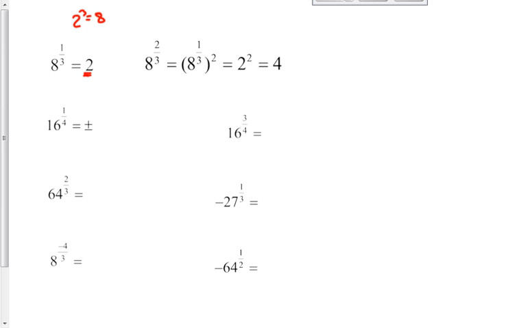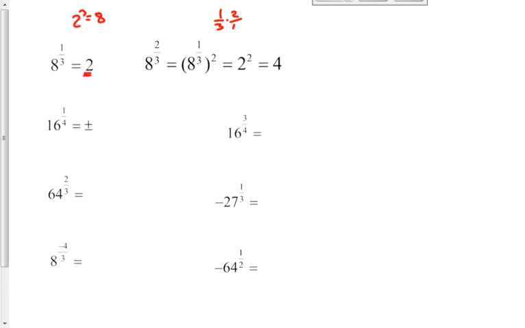Well, now we get something like 8 to the 2/3. So here's where we're going to use our power to a power property. We're going to break up the power 2/3 into 1/3 and then raise to the 2. If you remember that when you go backwards with this power property, 1/3 times 2, which is really 1/3 times 2 over 1, gives you the 2/3.